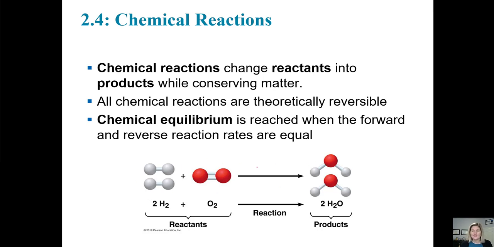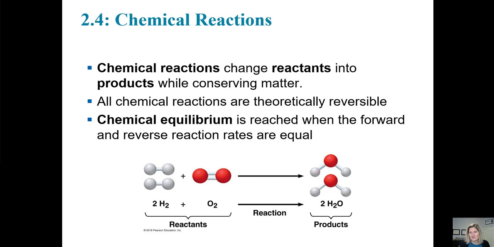So this technically is reversible, theoretically. But there are some laws of energy we'll talk about later on, and not in the next couple weeks, that prevent this from being completely reversible unless we add energy to the reaction.